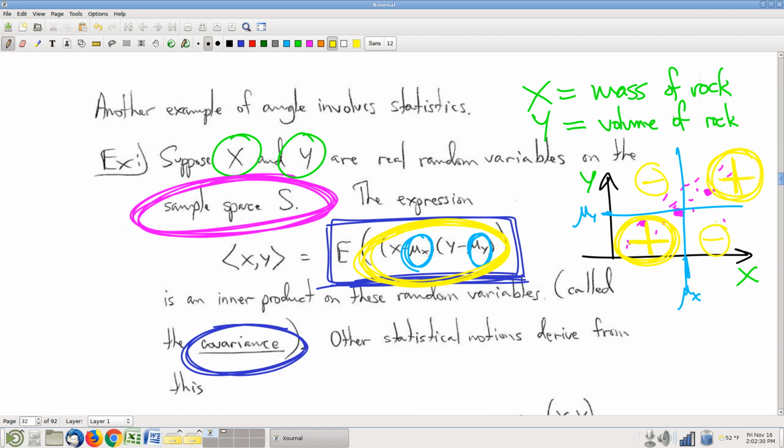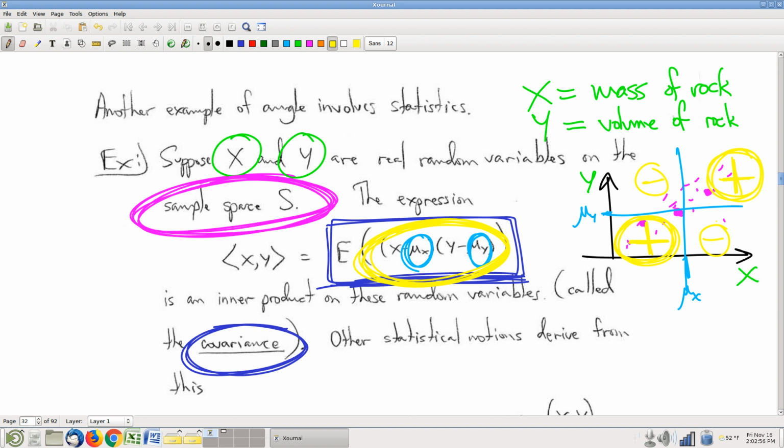But look at how the rocks are related. Because the ones that are more massive also tend to have more volume, bigger rocks tend to be in the upper right, and smaller rocks tend to be in the lower left. Roughly speaking, looking over all the rocks in your sample space, in this summation you're going to have a lot of positive terms and the occasional negative one.